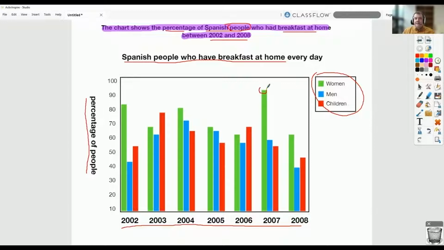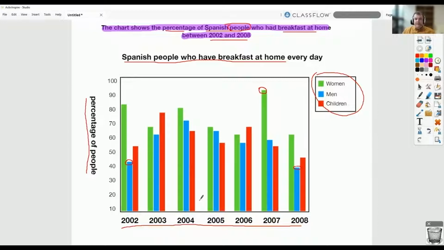And this, for me, is obviously something to talk about here. What else? So we're going to talk about the top and the bottom. What else can we say? Oh, look at this. This is quite low. And interestingly, it's also low here. So I'd probably talk about these in my writing.